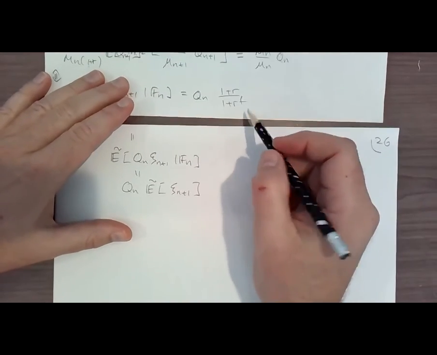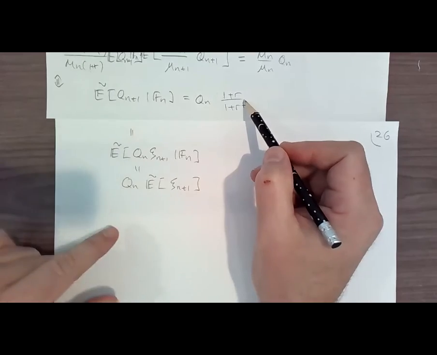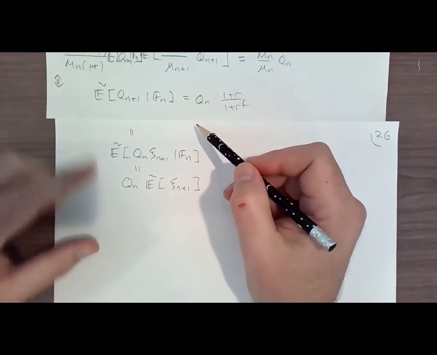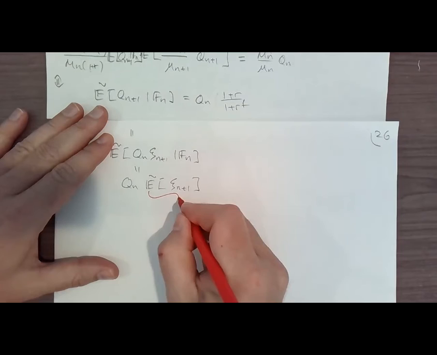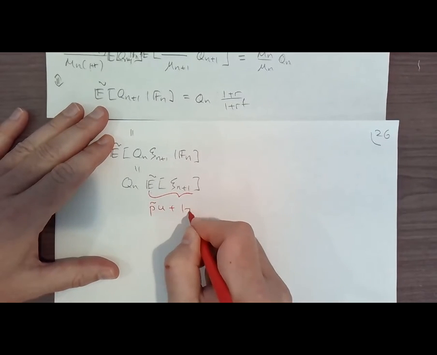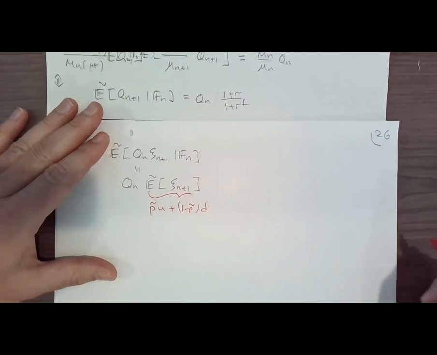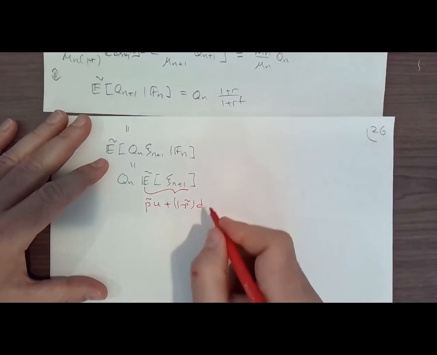So you see the requirement now, 1 plus R divided by 1 plus RF. On the right-hand side, the Q's, you can cancel them out. This expectation will be P tilde times U plus 1 minus P tilde times D. But we are given what U and D are.